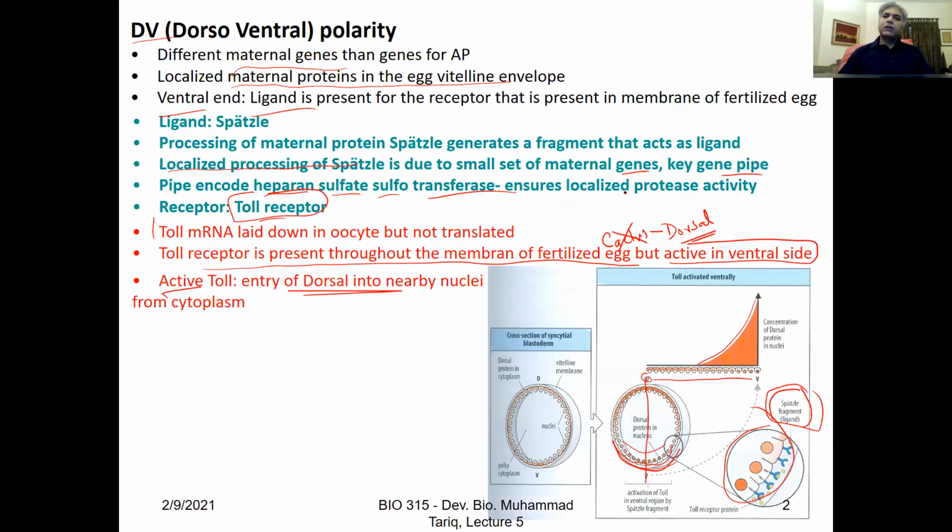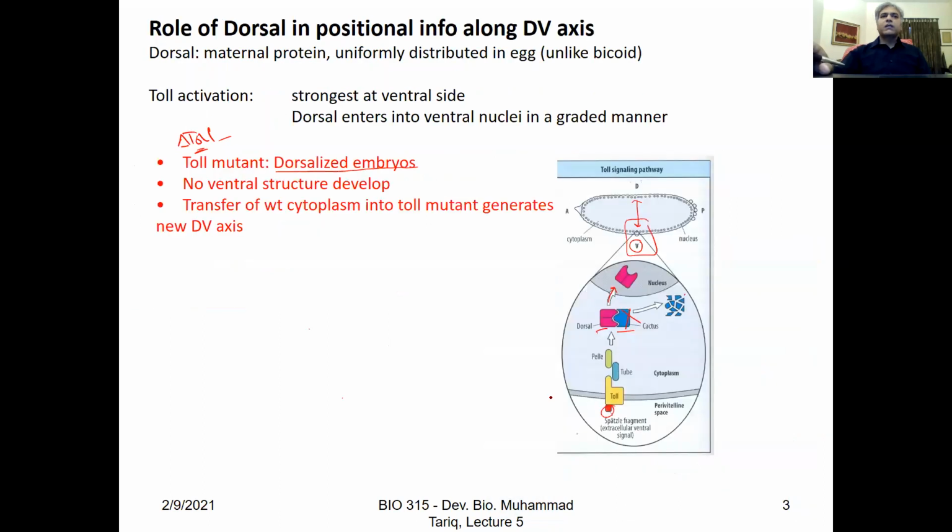All the nuclei will look like these dorsal nuclei. So that's why we call it dorsalized. Okay. If you simply transfer the wild type cytoplasm into toll mutant, it generates new dorsal ventral axis.